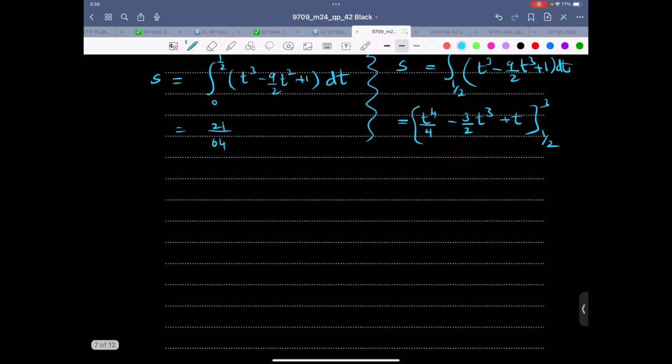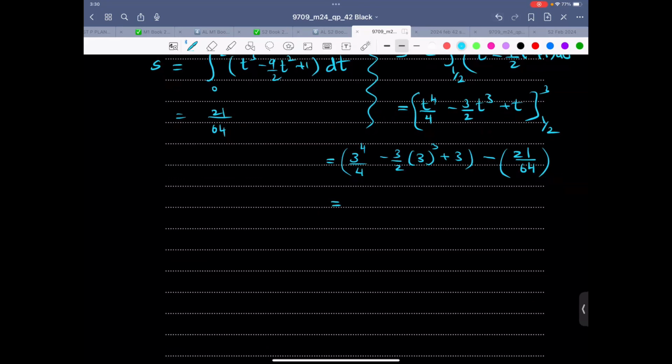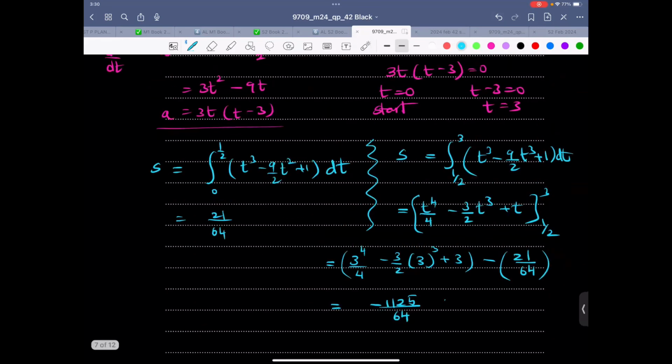I can write 3 power 4 over 4 minus 3 over 2 times 3 cube plus 3, minus this value done for half, that is 21 over 64. And this time, if you use a calculator, this comes out to be negative 1125 over 64. So we are working from half till 3.